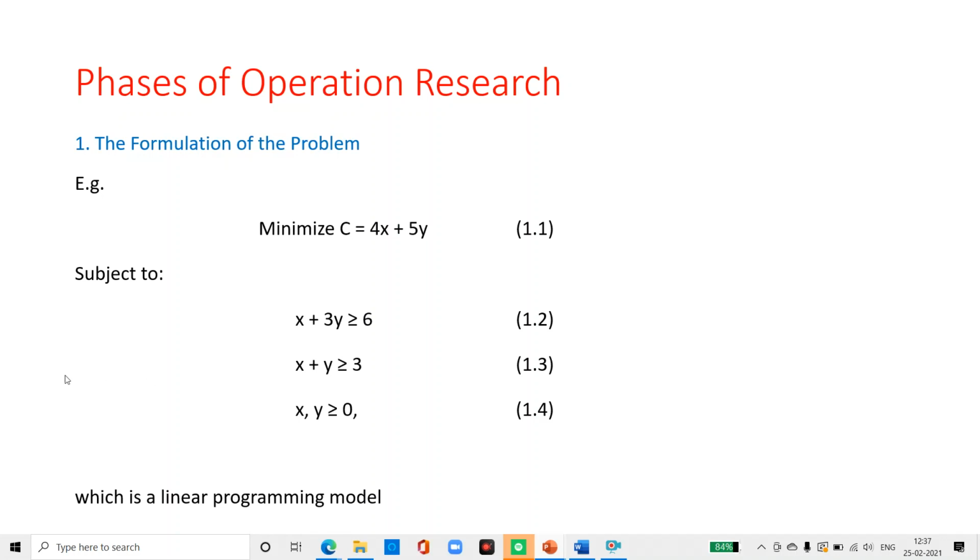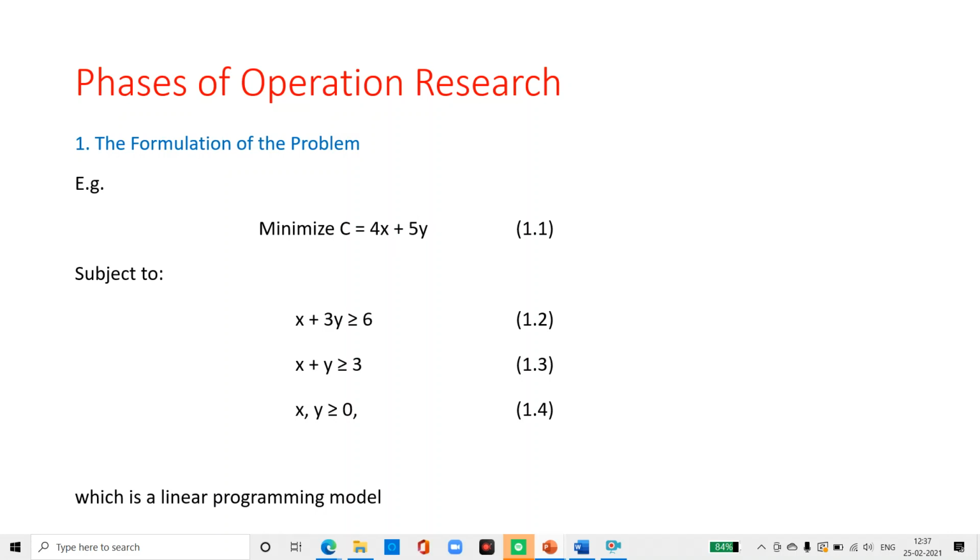So I am giving one example here. In an objective function, say a company is manufacturing X units of product X and Y units of product Y, and the profit contributions are 4 for X and 5 for Y per unit.